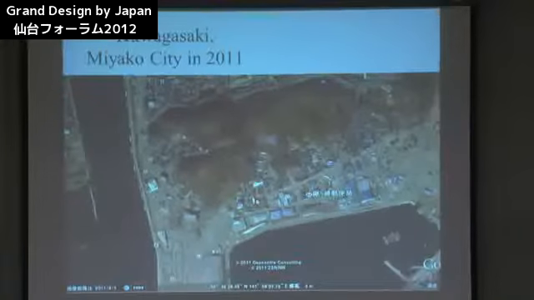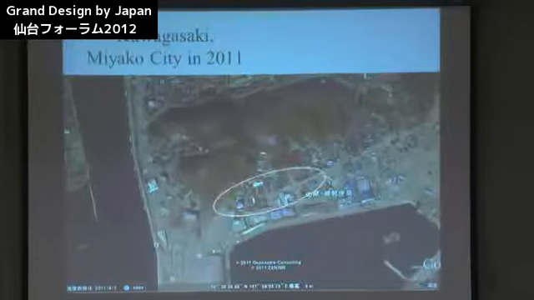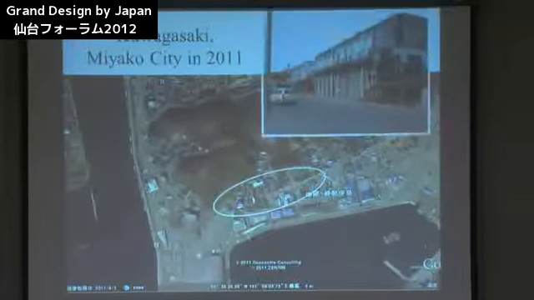Now, this is a scene after the 2011 tsunami. You see here many houses were washed away. Here we have a lot of houses because there are very solid buildings in front of this area.